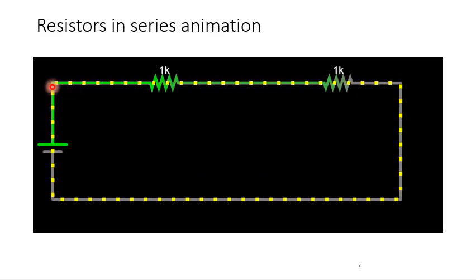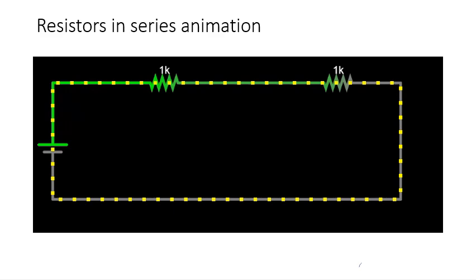Meaning there's no other path here. The current is just moving in a straight line and back. If 10 amps is flowing through this one, the same 10 amps will flow through this and all the way back. That is basically how it is.